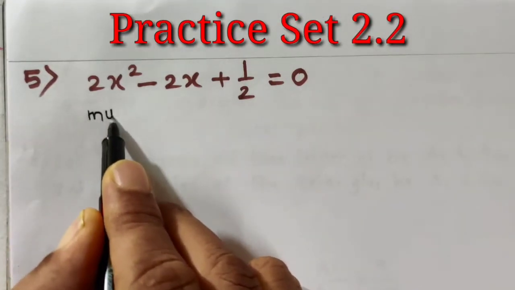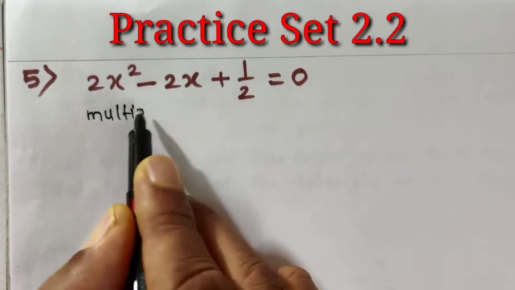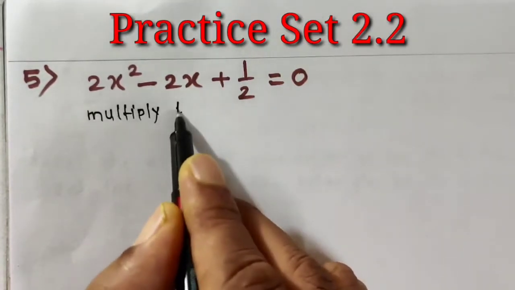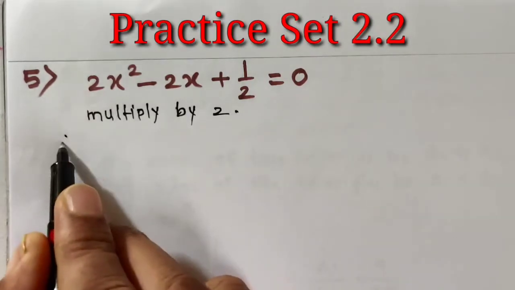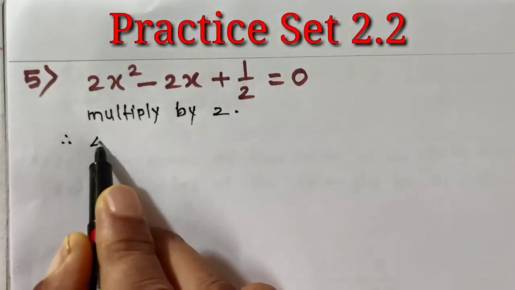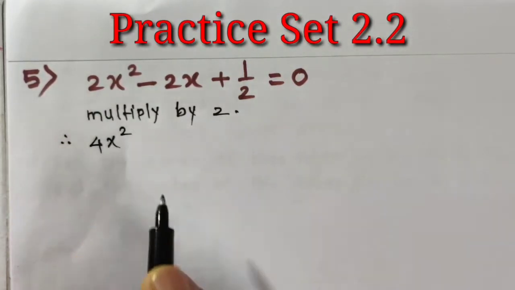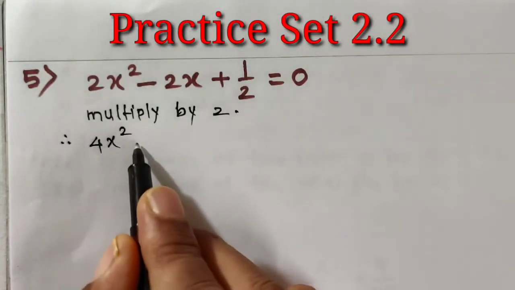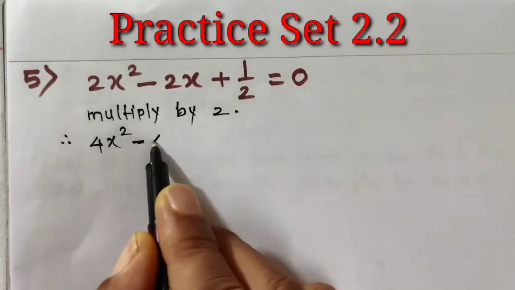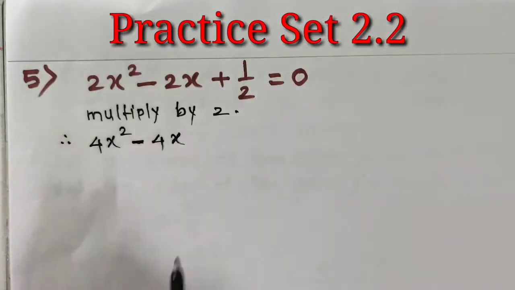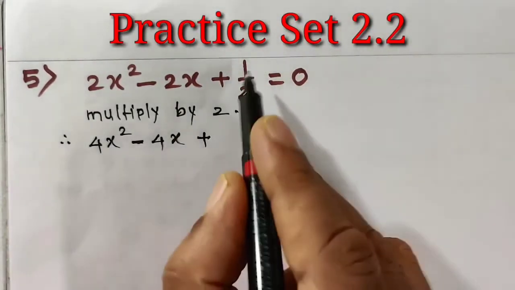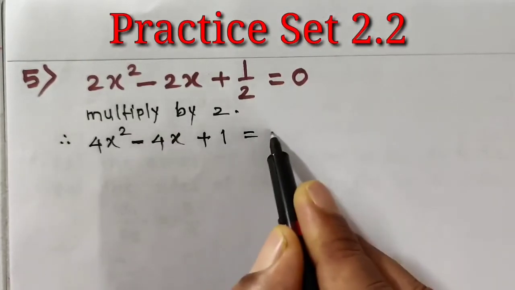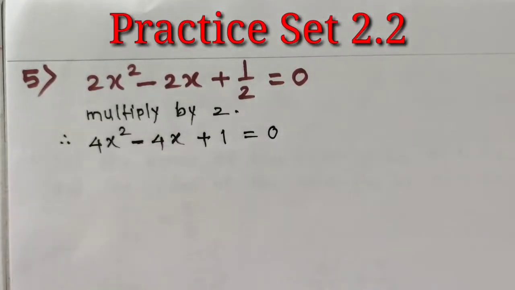Multiply by 2 both sides of the equation. So we get 2 times 4x square minus 2 times 4x plus, if we multiply by 2, here we get 1 is equal to 0. We get the simple equation now.